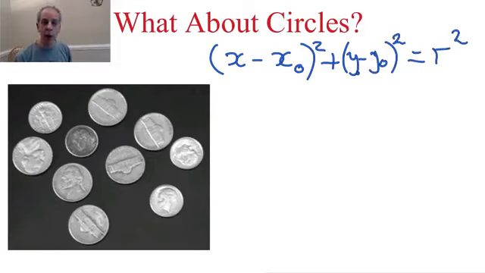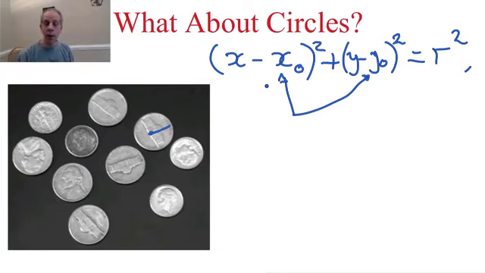So every point on a circle satisfies this equation, where the center of the circle is given by x0 and y0. These are the coordinates of the center that we need to find, and the radius of the circle, which is also an unknown, is given here. If you don't remember this formula, pick any elementary geometry book, or just believe me that this is the right formula for a circle on the plane.